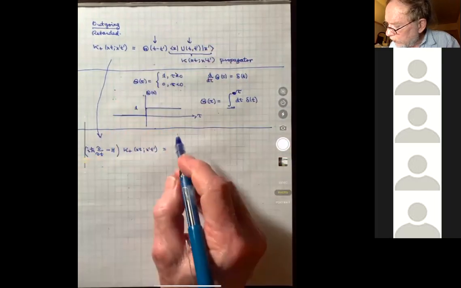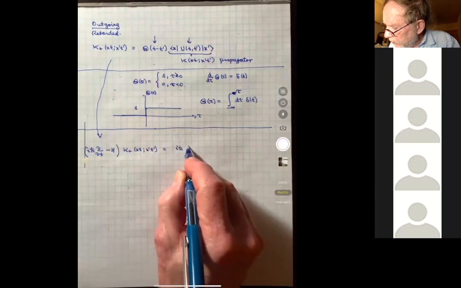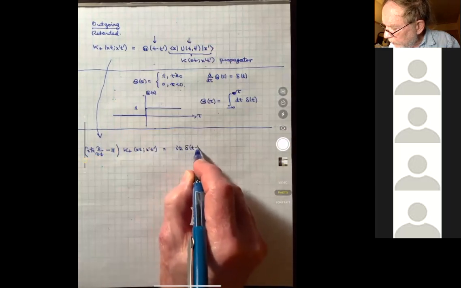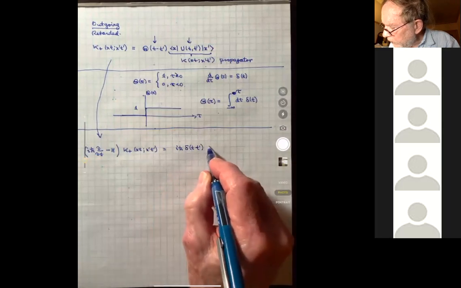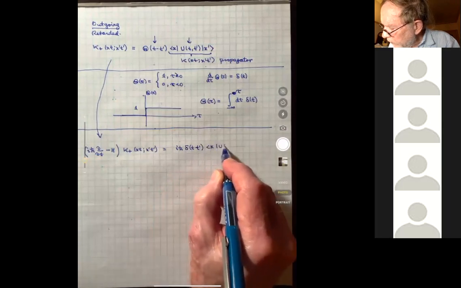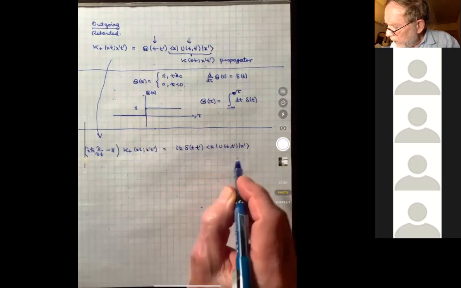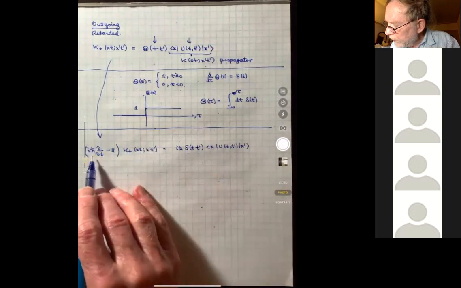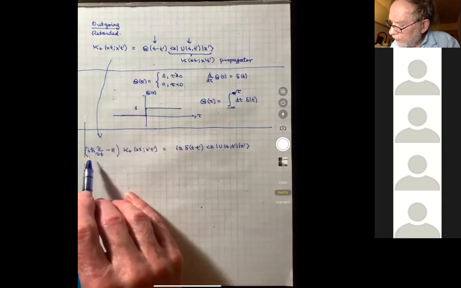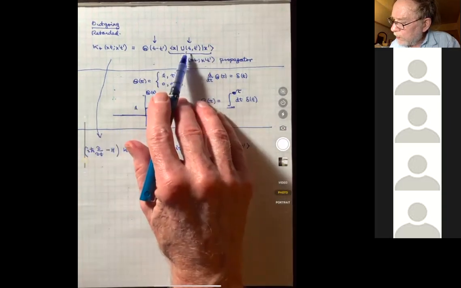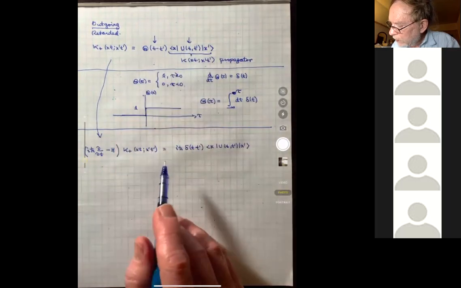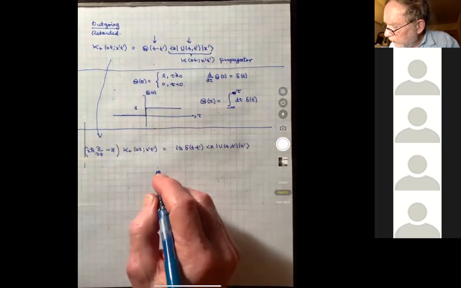Differentiating the theta first, this gives us i h bar times the Dirac delta function of t minus t prime times the same matrix element <x|U(t,t')|x'>, and then the i h bar d/dt is going to act inside the matrix element on the U. Let's write this out.